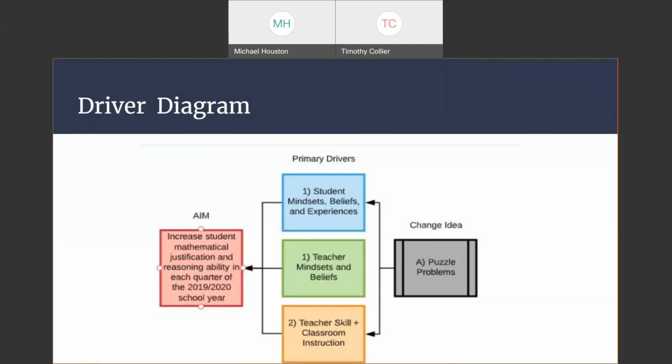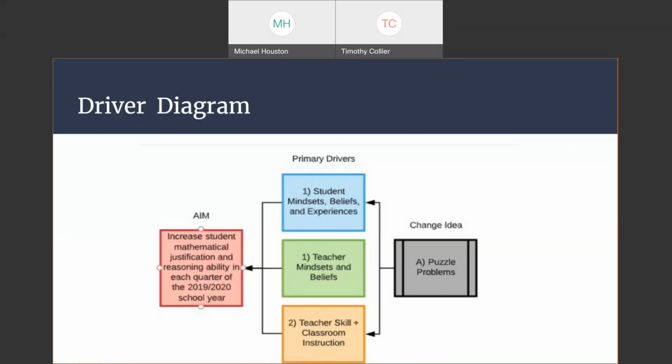Which leads us to teacher skill and classroom instruction. It does ask us to change our particular skill set and how we think about instruction, including classroom management, and what a student-centered versus a teacher-centered classroom ought to look like.